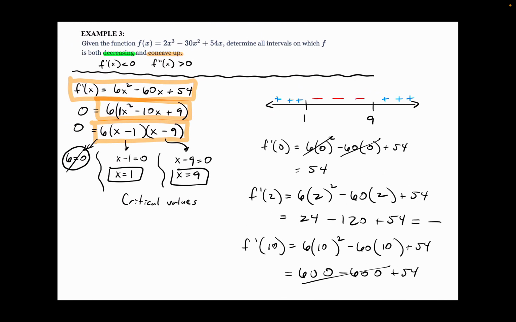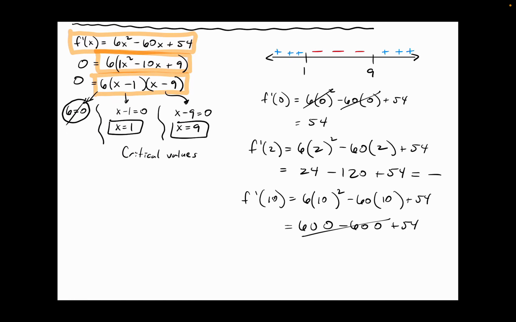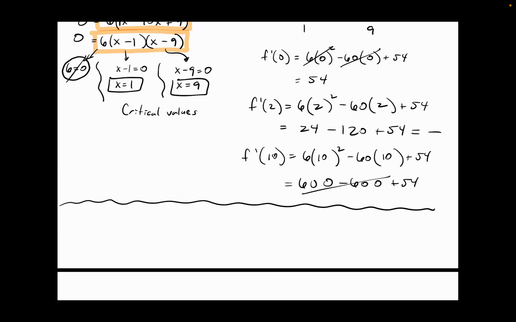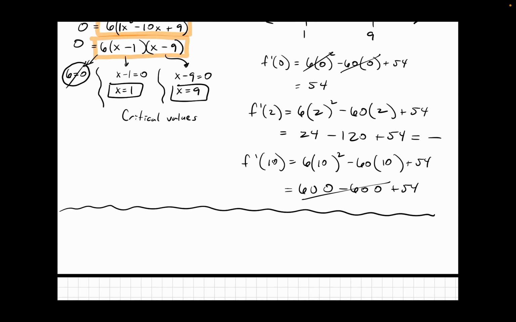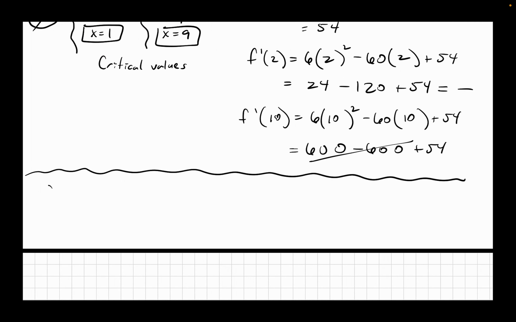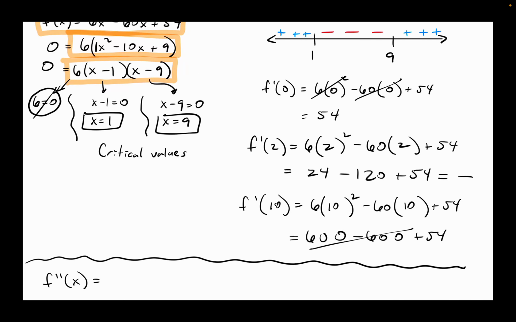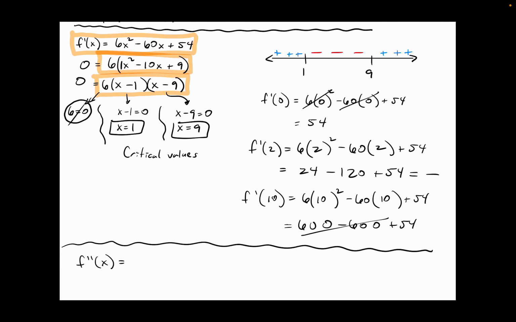Okay, concave up and concave down. So to do that, I need the second derivative. Okay, so the first derivative we had, the second derivative now is going to be 12x minus 60.